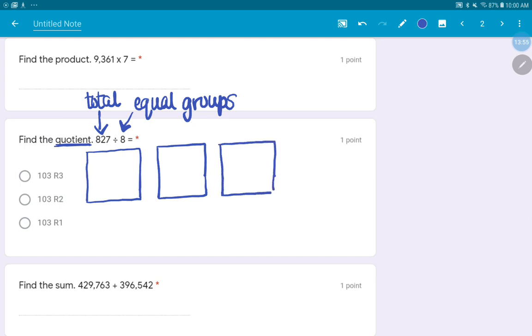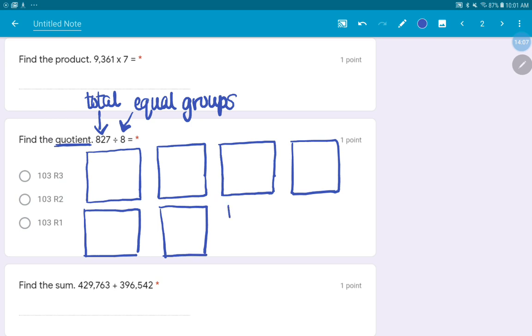But thinking about breaking that number apart like you did, let me get my groups drawn. There's 4 groups, 5, 6, 7. There's my 8 equal groups.